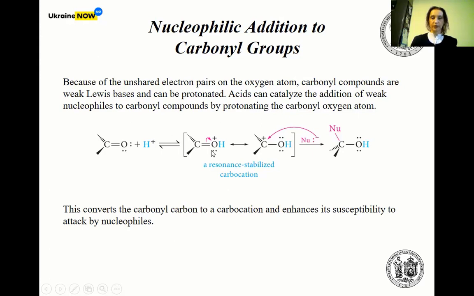The reason is that the proton is attached to the carbonylic group oxygen, and here a fully positive charge is formed at carbon, not partial positive charge, but fully positive charge. And then the attack of the nucleophile is more efficient.